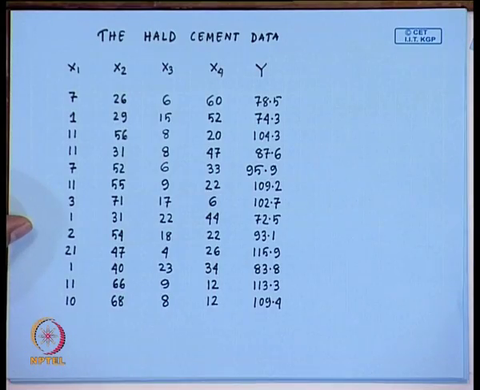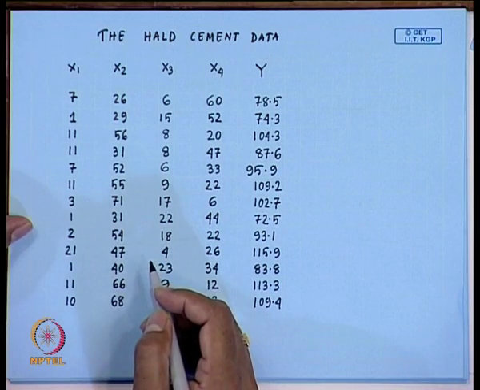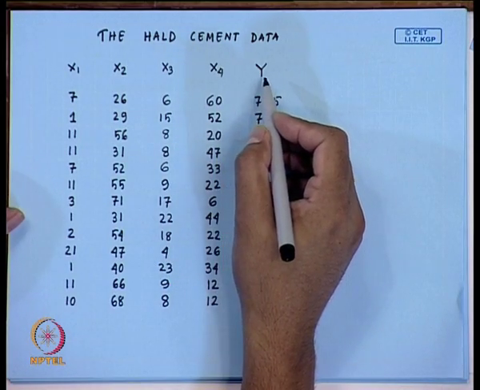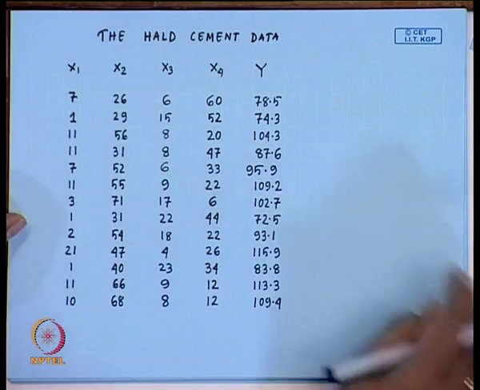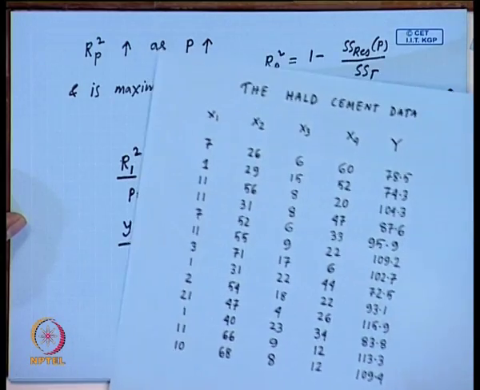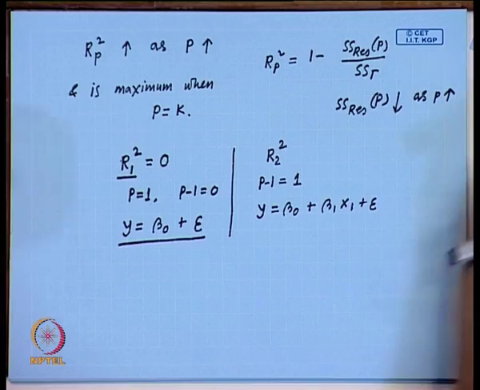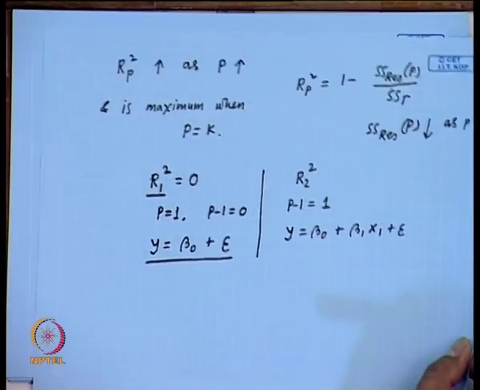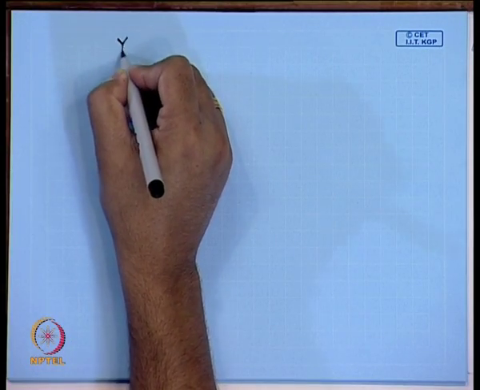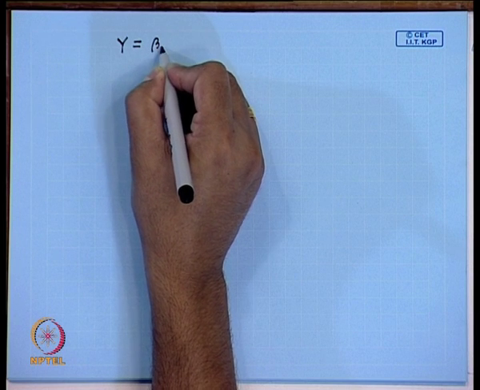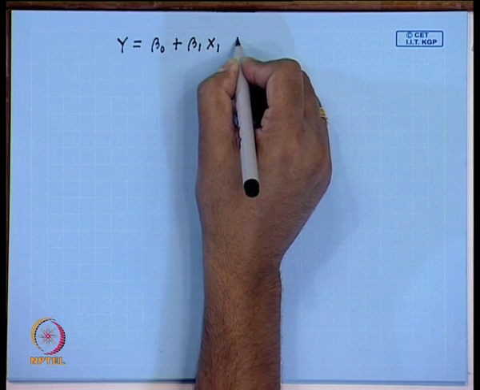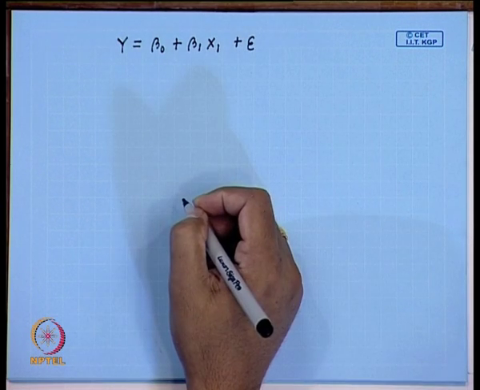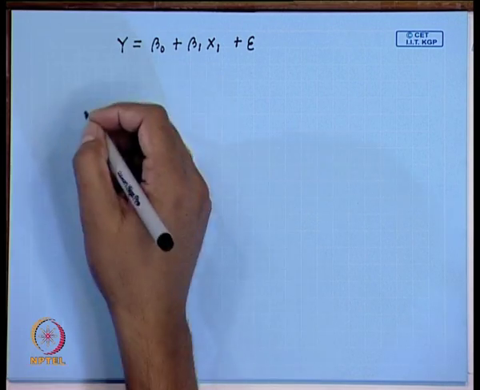I have this data, and I'll try to fit a model of the form y equal to beta naught plus beta 1 x1 plus epsilon for the Hald cement data.